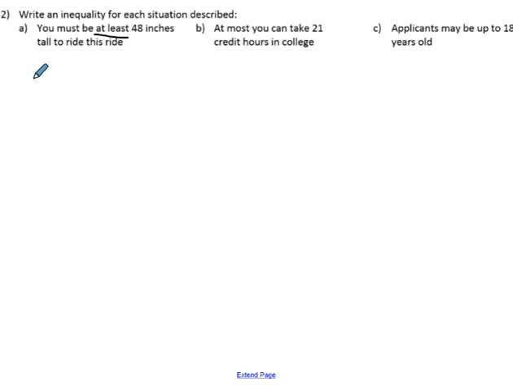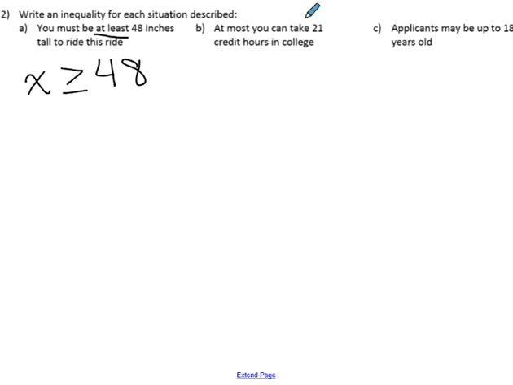So if you are X and you have to be at least 48 inches, well then X has to be greater than 48. At least means bigger. But the way that this is worded implies that you could be exactly 48 inches tall. So I'm going to call this greater than or equal to 48. That represents this situation.